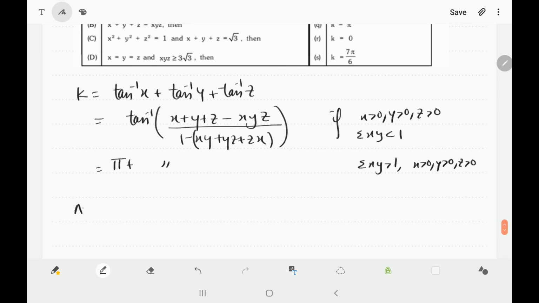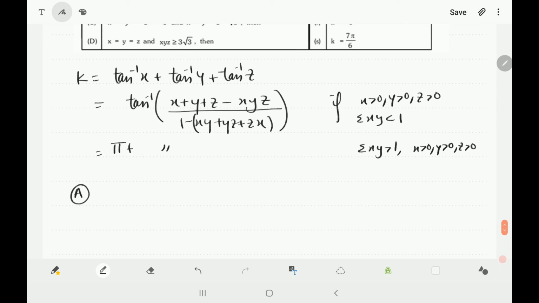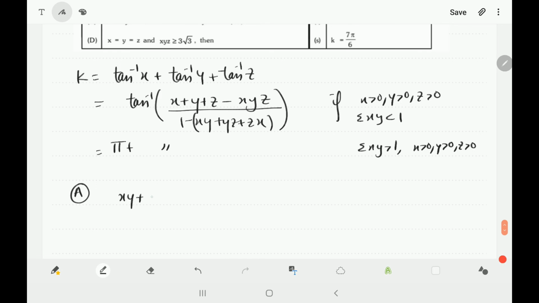So for option A, it is given that xy plus yz plus zx is equal to 1. It means k will give us the value of tan inverse of some finite value divided by 0.